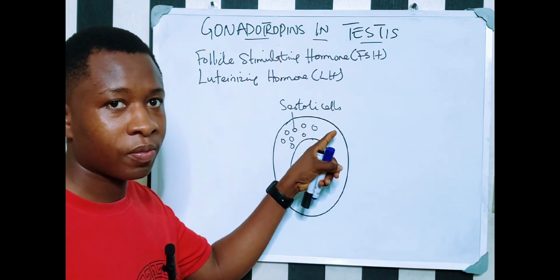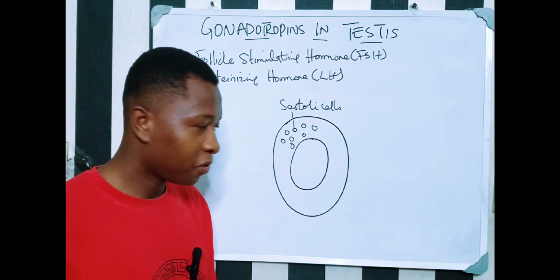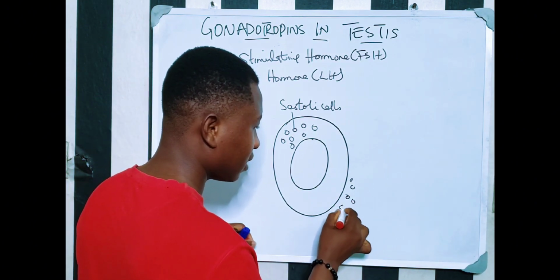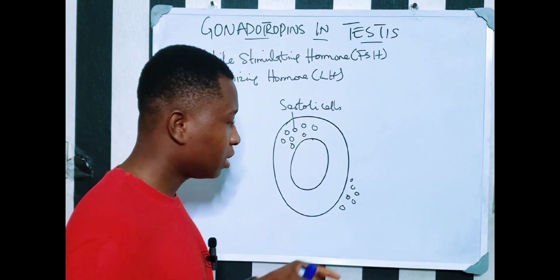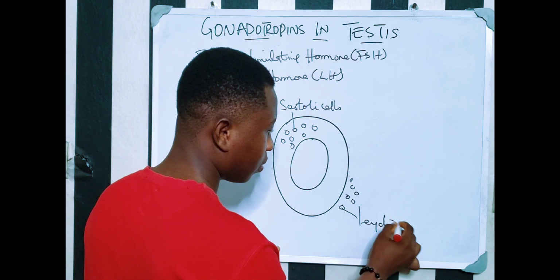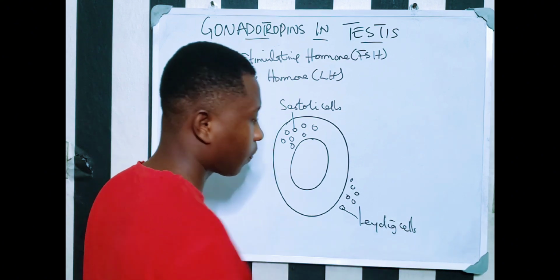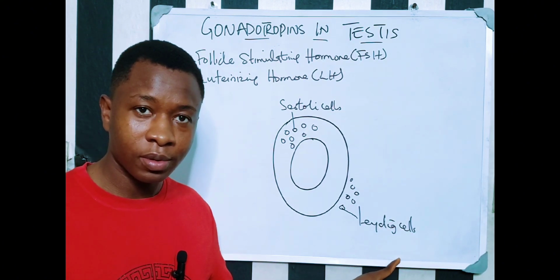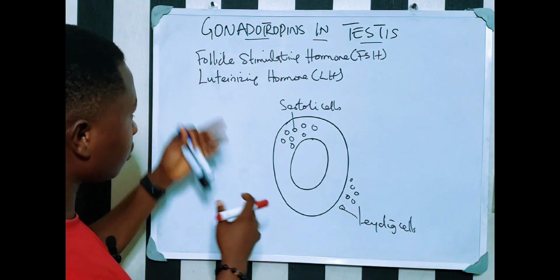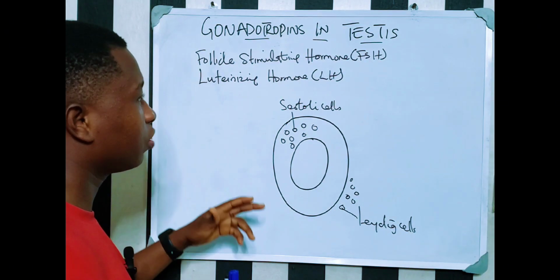And we have another type of cell that sits right outside the tubule. And these cells are referred to as Leydig cells.